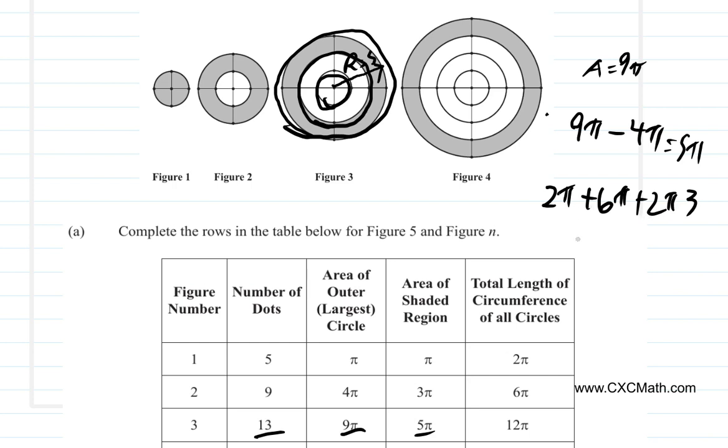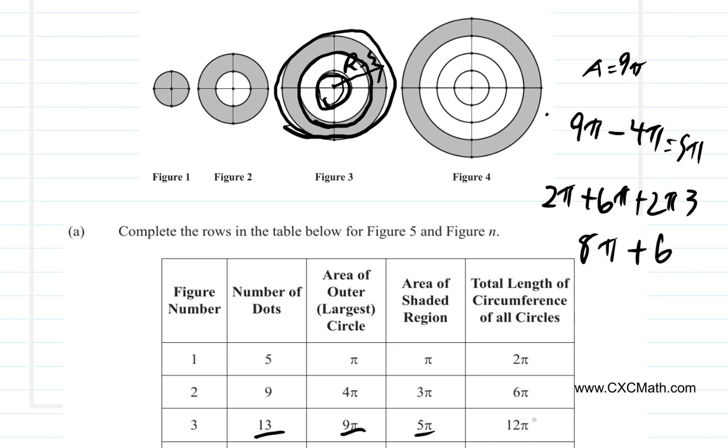Hold on. So the total length is 2 pi inside plus 6 pi plus 2 pi times 3, which is 6 pi. 8 and 6 is 14.